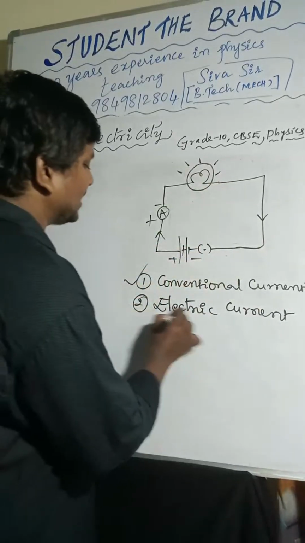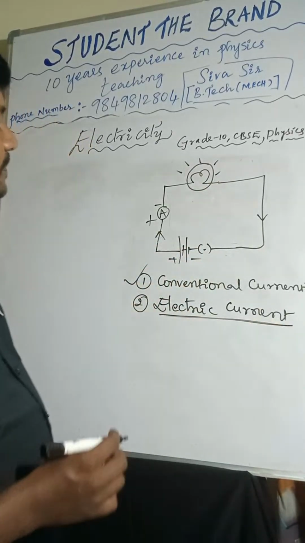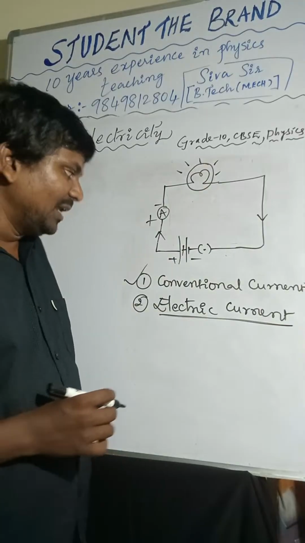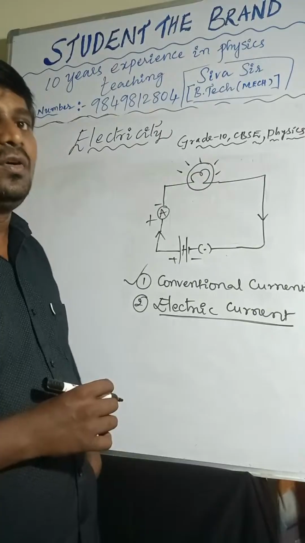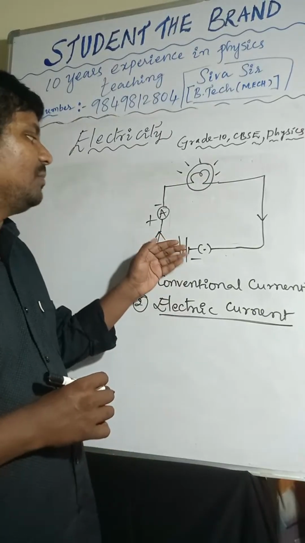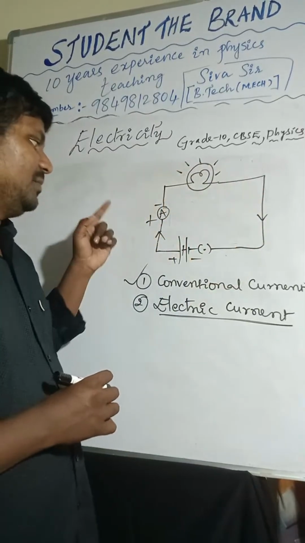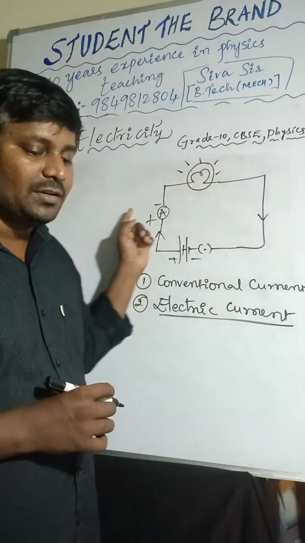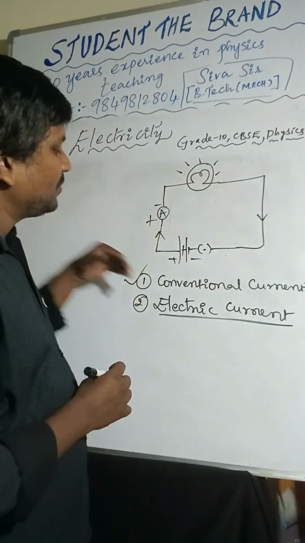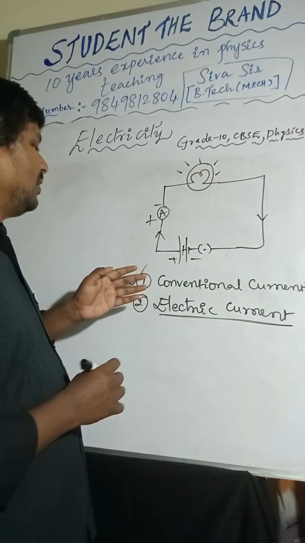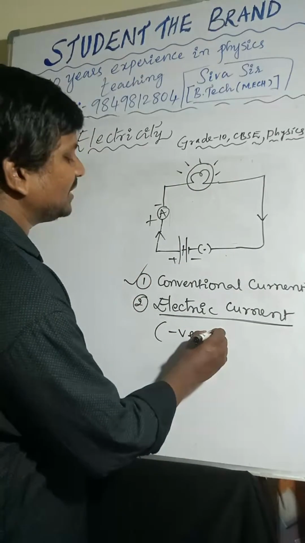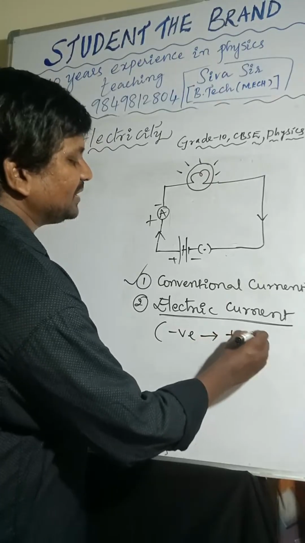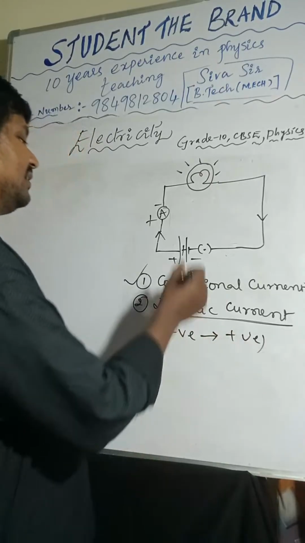And electric current is nothing but the flow of electrons. Electrons move from negative terminal to positive terminal.